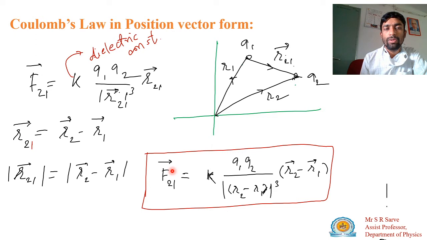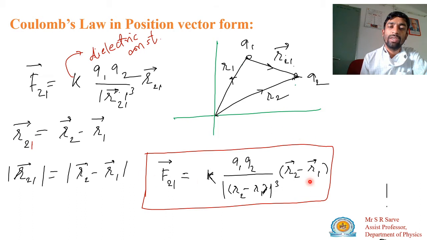So the force exerted on charge q2 due to the first charge is equal to k, the constant, q1 q2 divided by the magnitude of (r2 minus r1) vector, cubed, into the vector r2 minus r1.